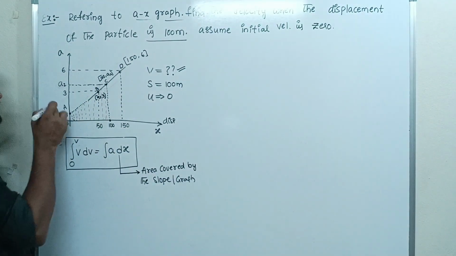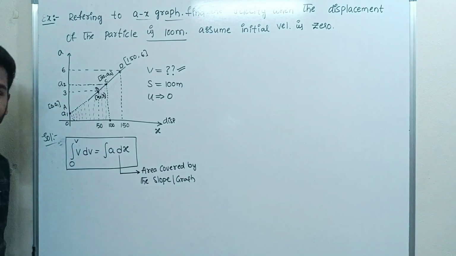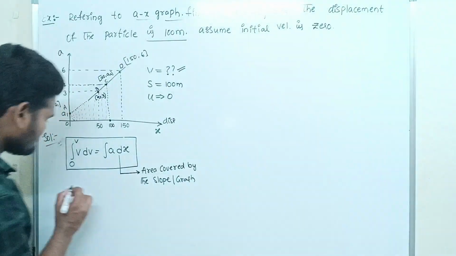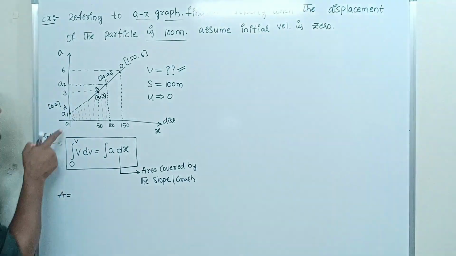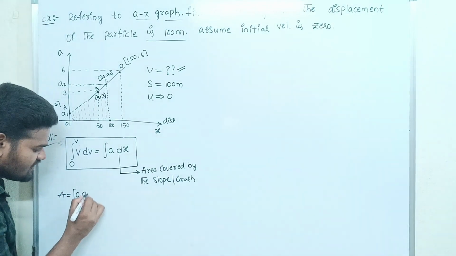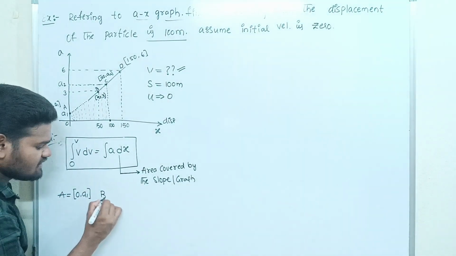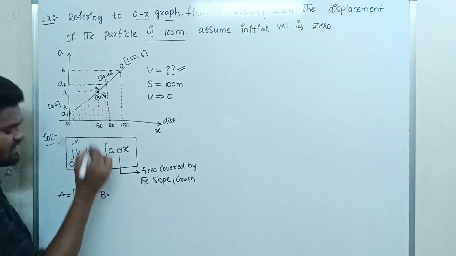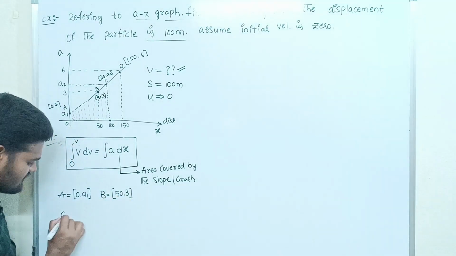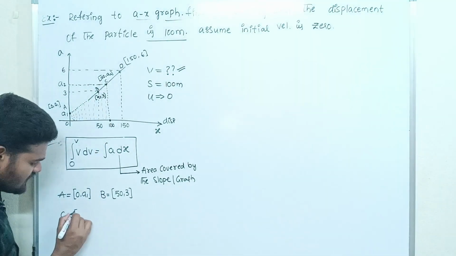What is the y coordinate? That is a1. Any doubts? I am just writing the coordinate points for A, B, C, D points. What is A? The A point is at 0 from the x-axis and a1 from the y-axis. What is point B? 50, comma 3. Easy one. Okay, simple geometry. So what is point C? 100, comma a2.